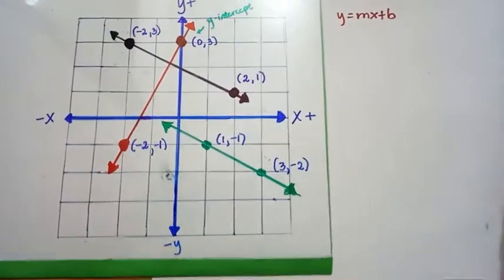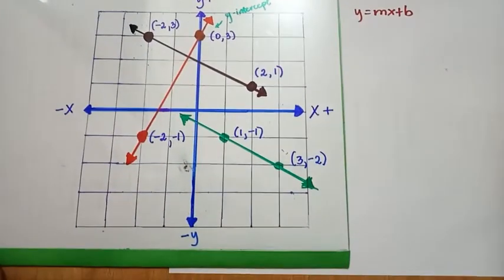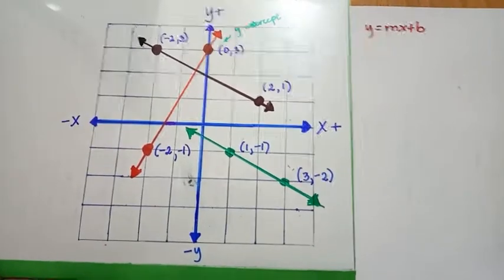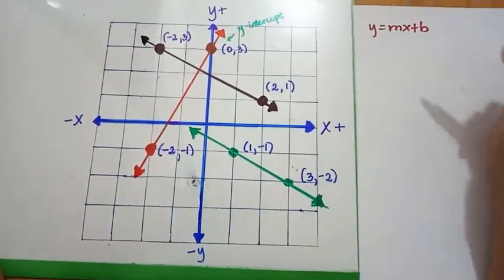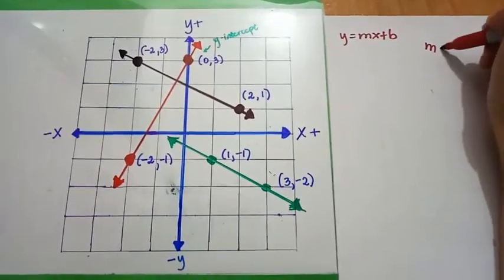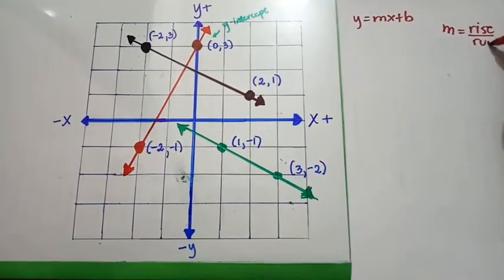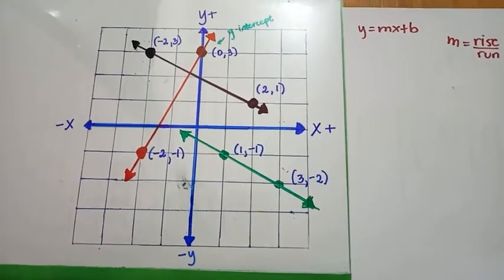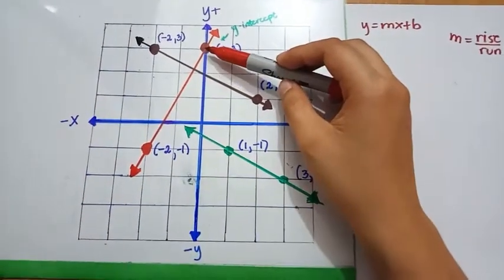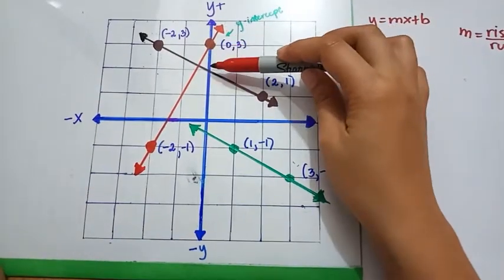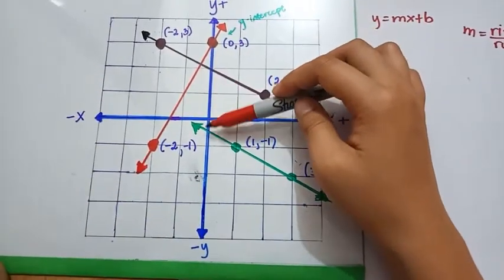Let us first identify yung slope. So again, the slope is the rise over run. M equals the rise over run from any point on the graph. No? So kung magsisimula tayo dito, para makapunta dito, tayo ay bababa ng 1, 2, 3, 4.